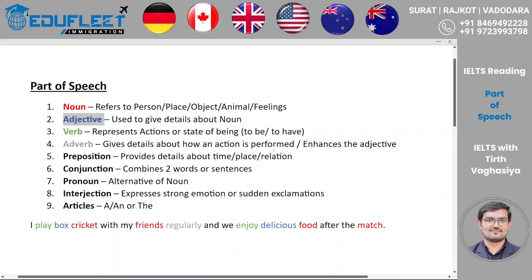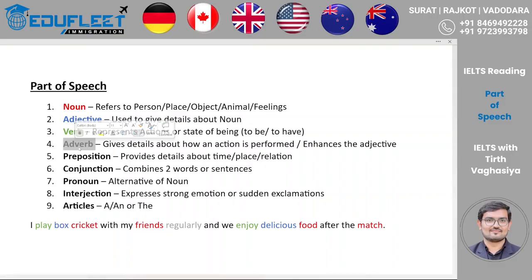But if you want to say I am very tired, the term that you have used, very, enhances the details of tiredness. So very is also an adverb. Similarly, most, highest, lowest, all the superlative degree words would be put under the category of adverb.